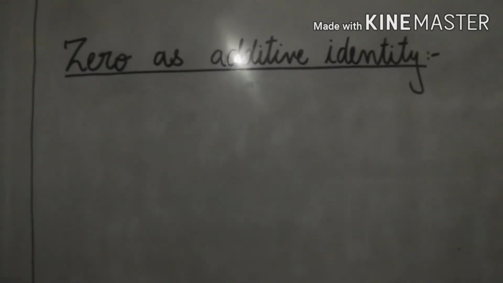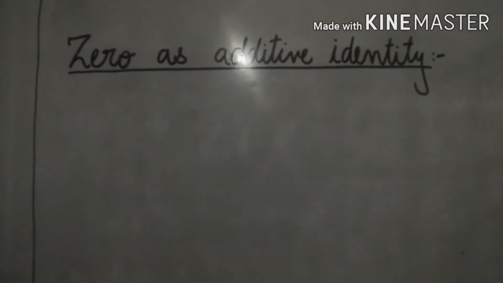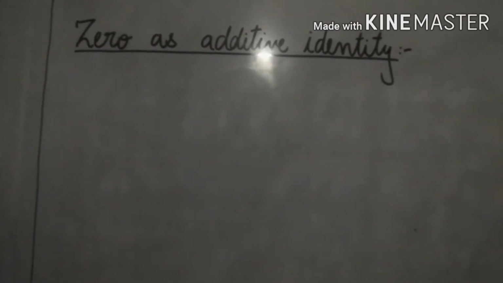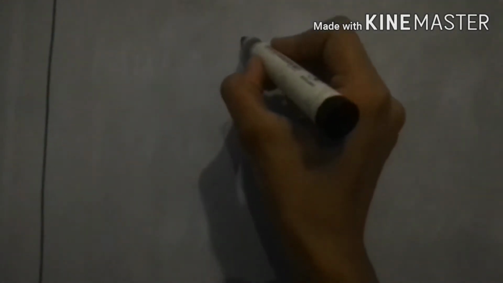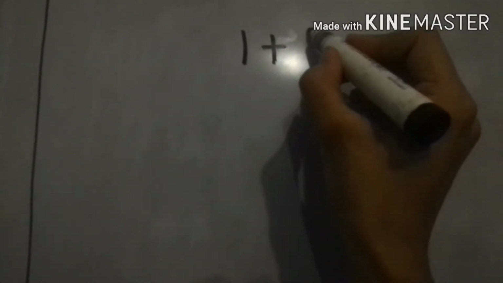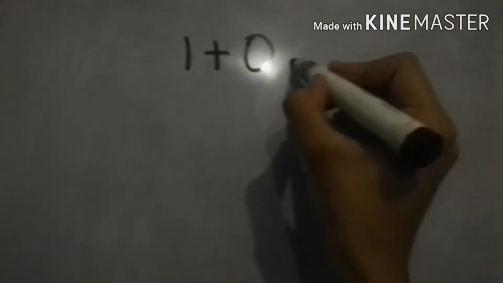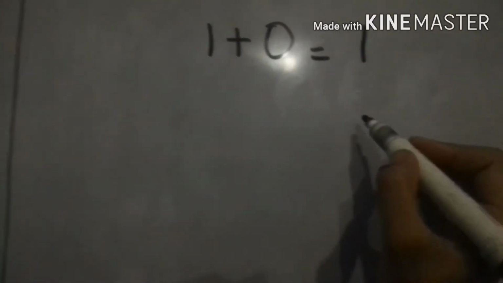Next topic we have is 0 as additive identity. The identity of a number does not change if we add or subtract 0 from it. For example, if I add 1 and 0, the answer will be 1.